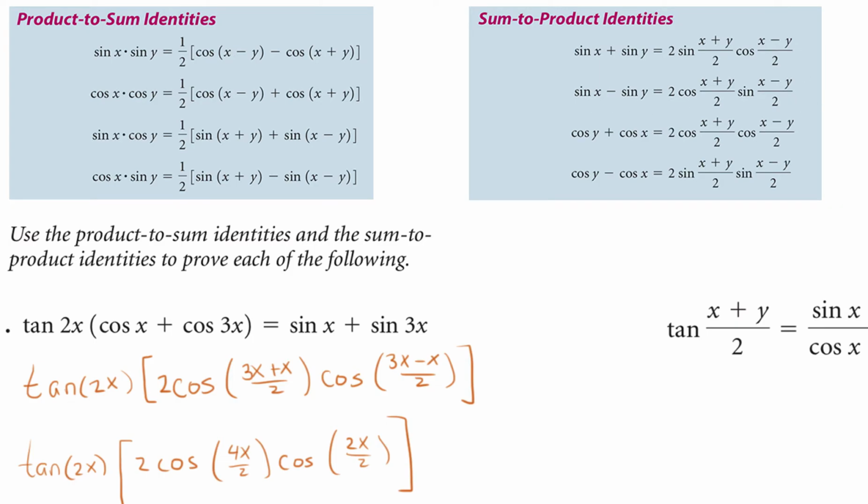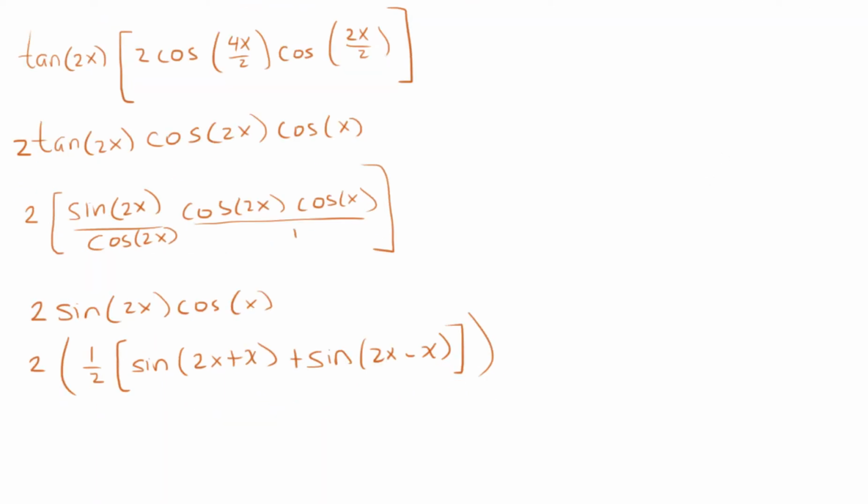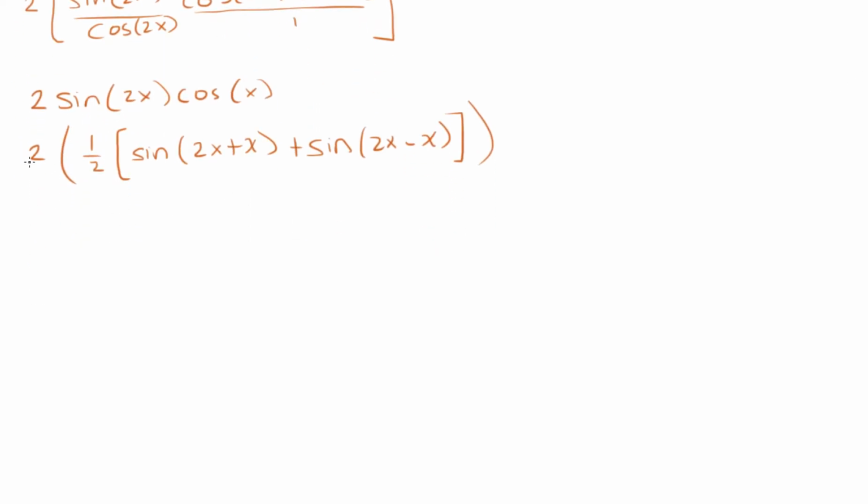So this becomes 2 times 1/2 times sine of 2x plus x plus sine of 2x minus x. The 2's cancel, giving you 1, so you're left with sine of 3x plus sine of x, which is what you wanted.